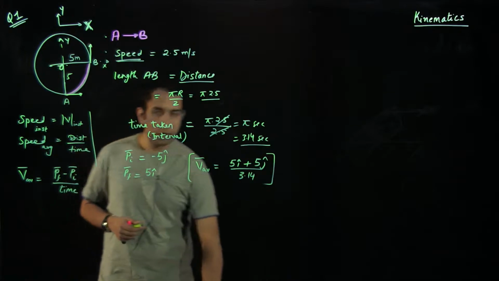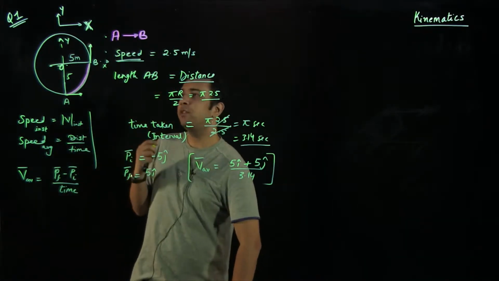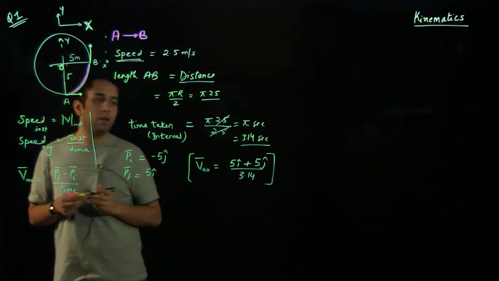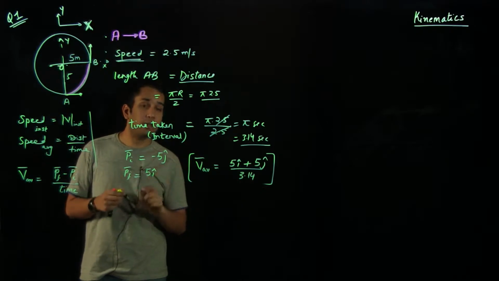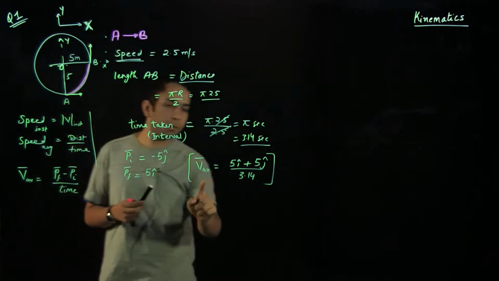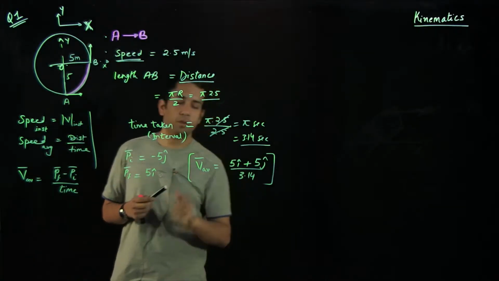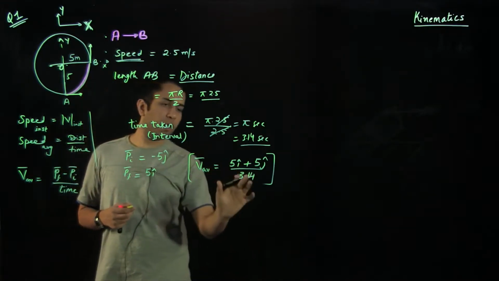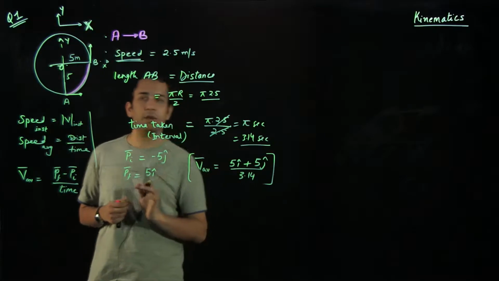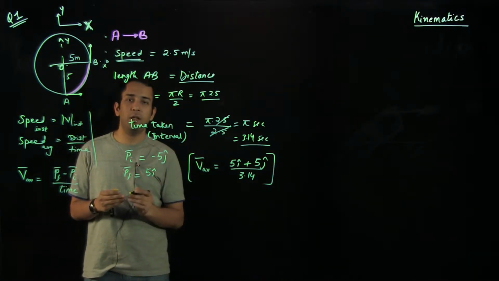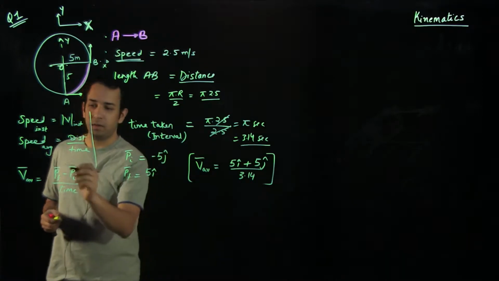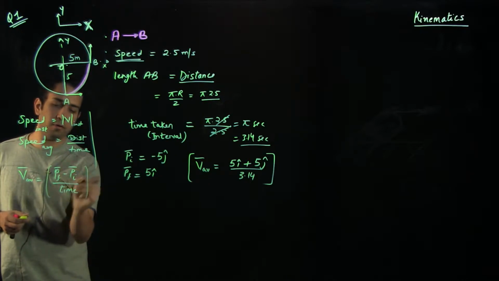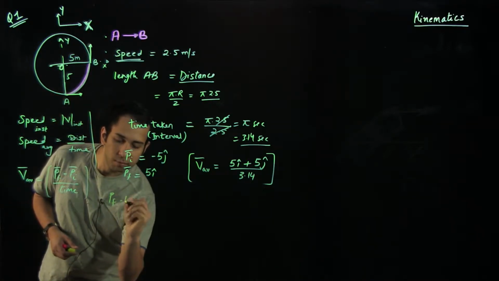Now let us go ahead and calculate the average acceleration as well. Before that, just recall that I was discussing the direction of the velocity. What should be the direction of the average velocity? If we are not able to figure it out from the formula, recall that the magnitude depends on this term, but the direction depends on the difference Pf minus Pi.